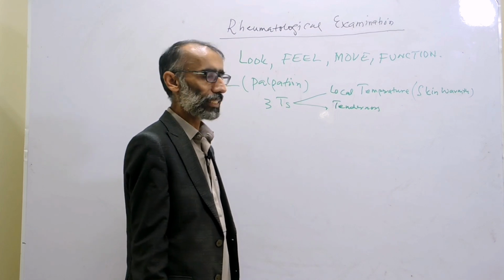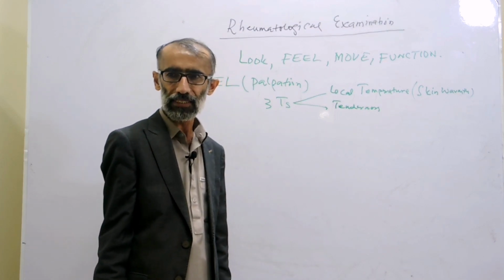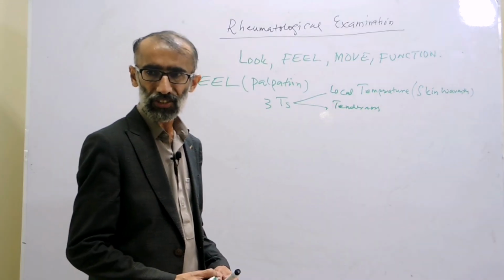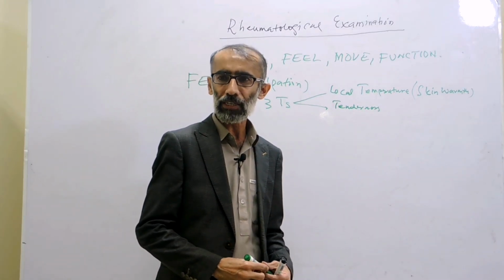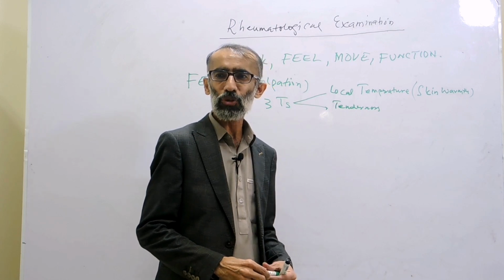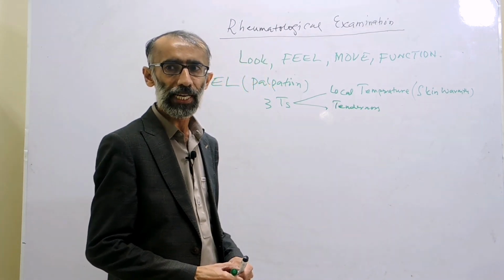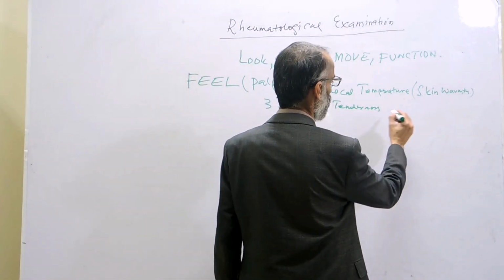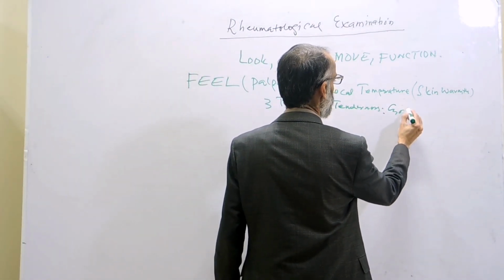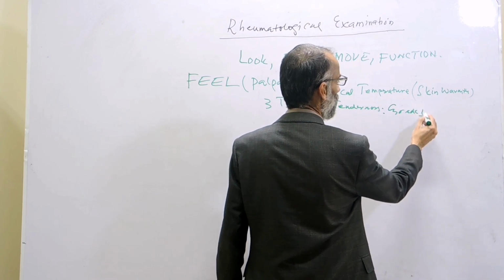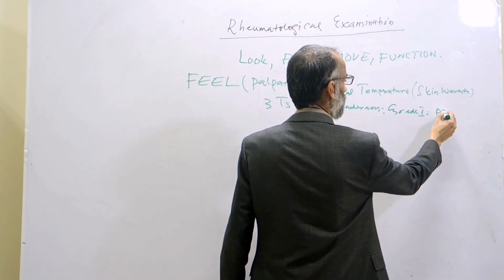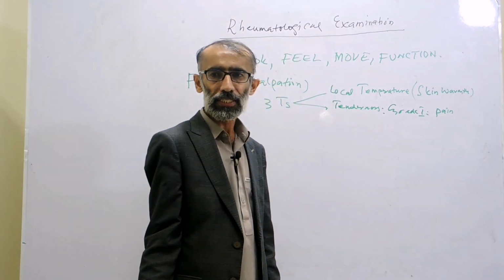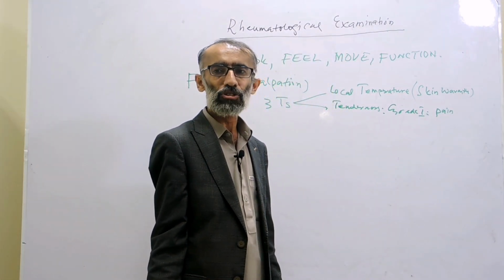Joint tenderness can be graded by assessing patient reaction to the firm pressure of the joint between thumb and finger. Tenderness can be graded into 4. Grade 1, patient complains of pain. Patient says that joint is tender.